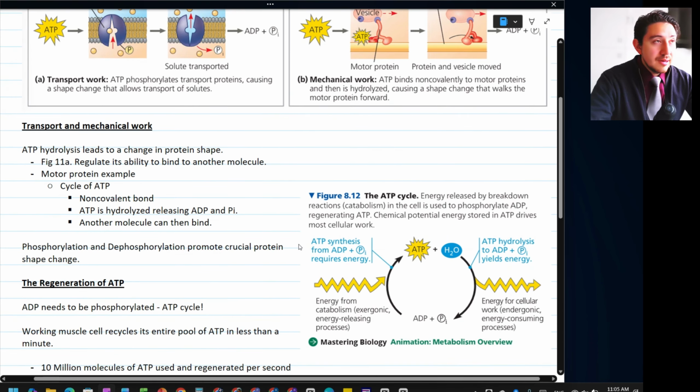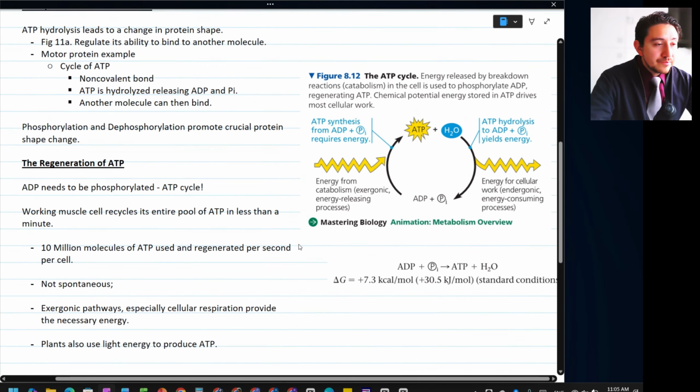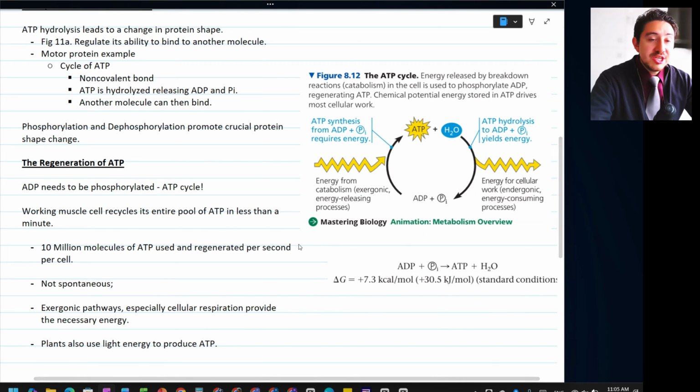Then as you keep using ATP, more ATP can come, so the cycle can repeat again and again. Phosphorylation and dephosphorylation can both change the protein shape. Phosphorylation alters the shape, and dephosphorylation can revert it back.